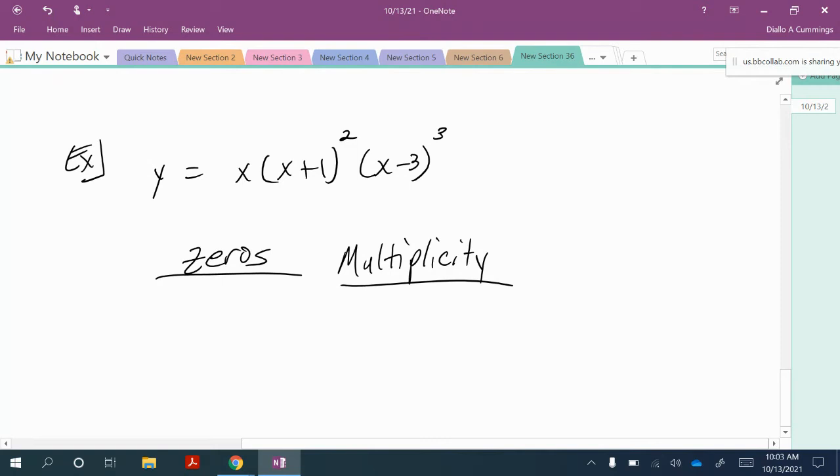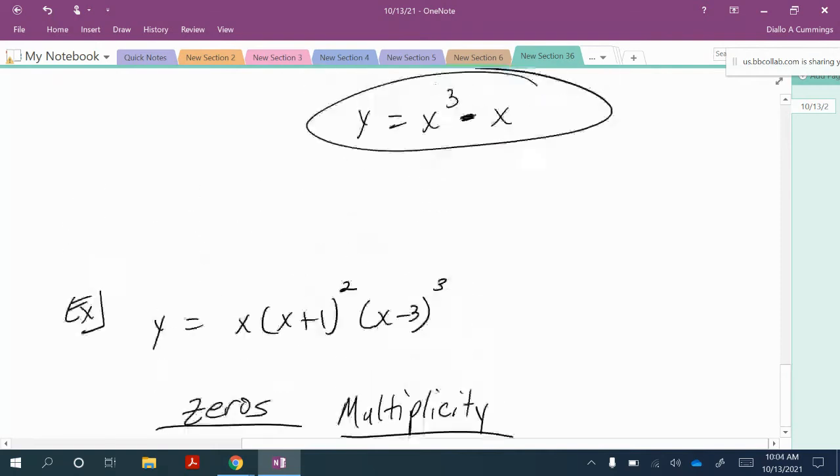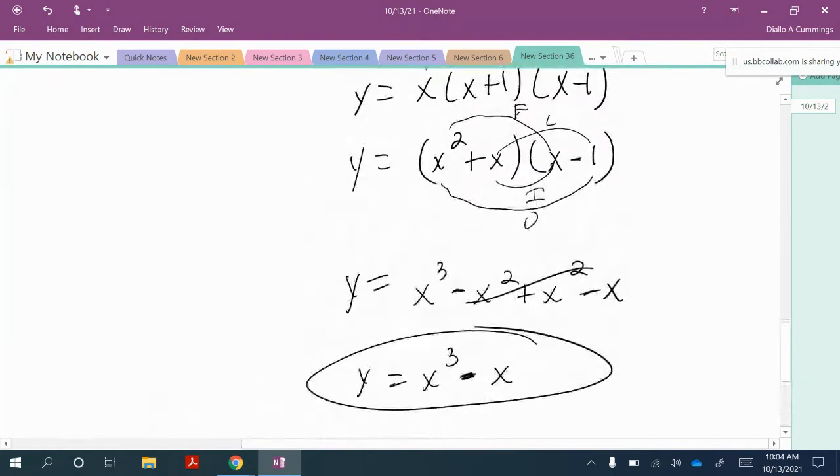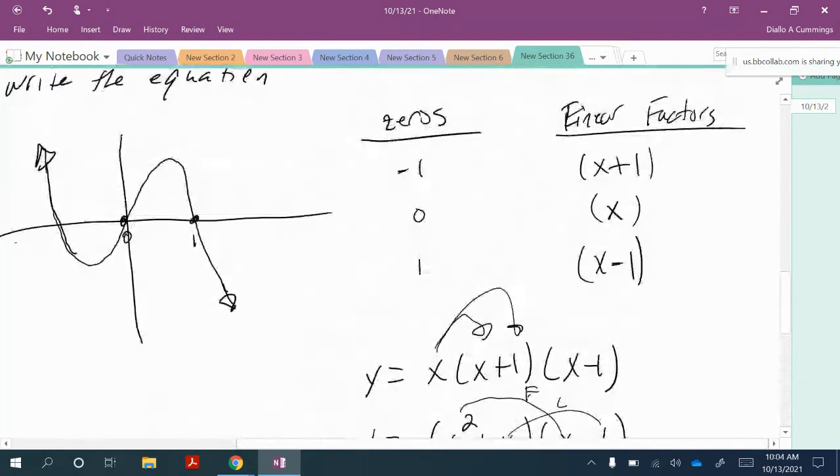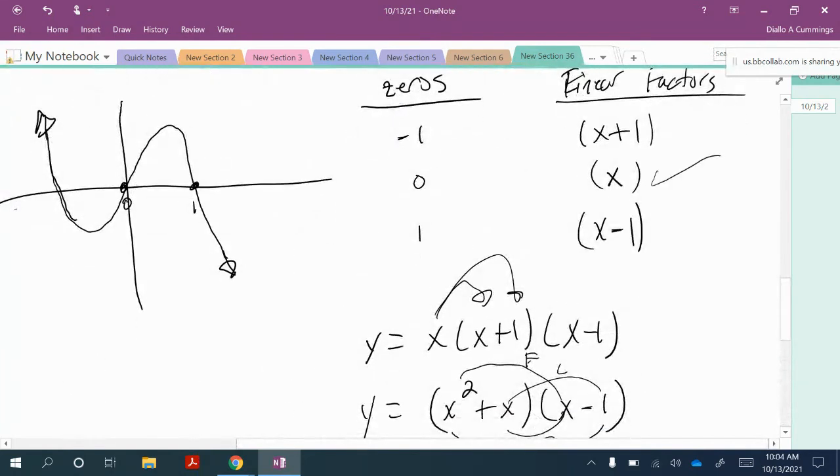So if I look at this first factor, x, and from what we did earlier, if x is a linear factor, then in zero form it is written as simply 0.